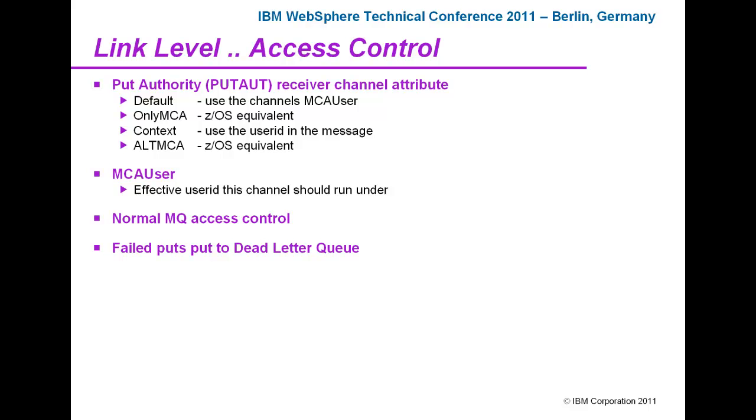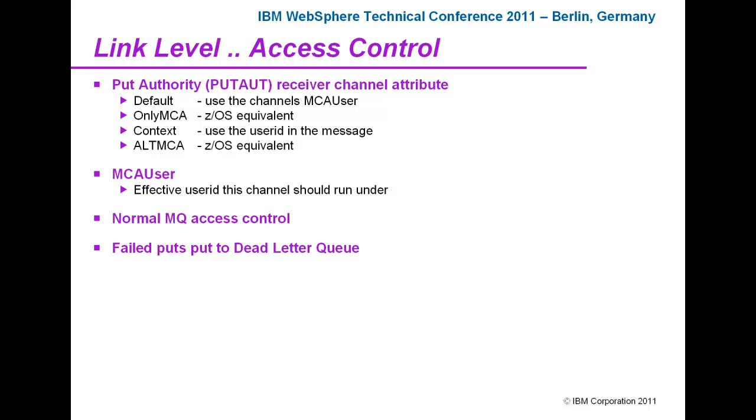You can, alternatively, choose to use the user ID inside the message for access control. So each message that comes across the channel might have different access control. To do that, you say put authority context, and that will use the user ID inside the message. Now, to recap on something we mentioned about an hour ago, this might be a user ID from a different system that is not understood by the target system.